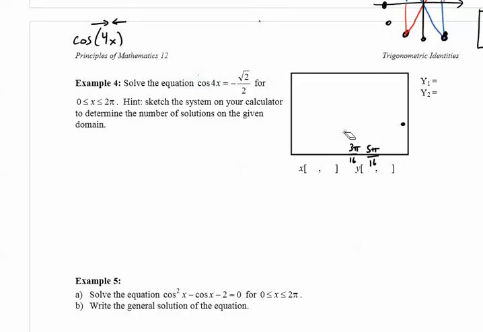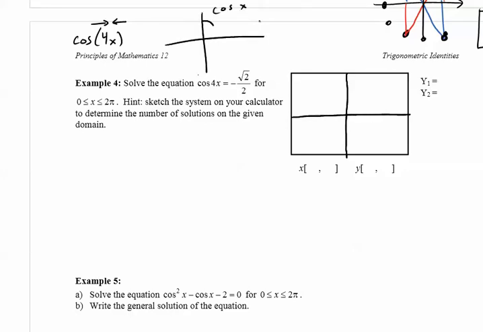So what that means is that instead of being able to fit just one period of cosine from 0 to 2 pi, so the normal cosine starts at the top, goes down, comes back up to 1 again after 2 pi. So now if I take that and I compress it 4 times smaller, now I can fit 4 of those ways. 1, 2, 3, 4, from 0 to 2 pi.